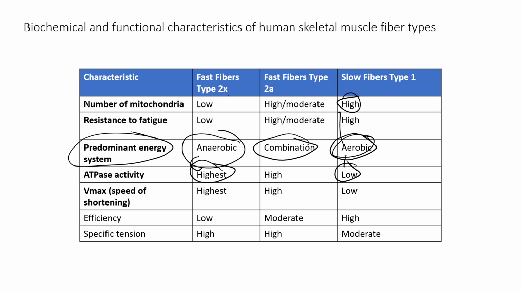So you'll see that the fastest twitch fibers don't have very many mitochondria, because they simply don't bother with utilizing a lot of slow metabolism.